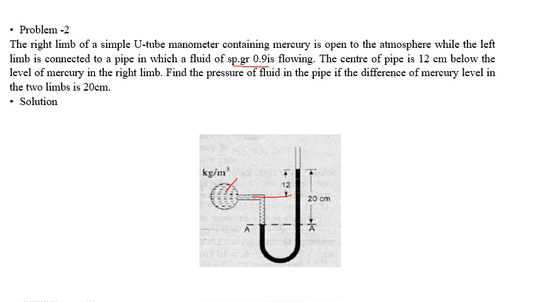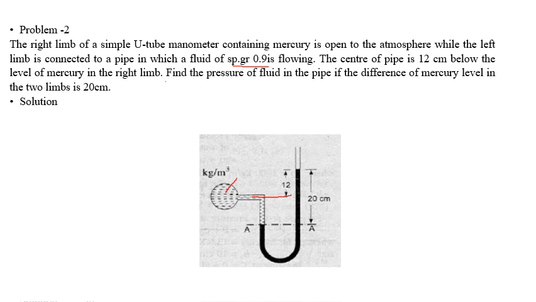Here we can observe there is a rise in liquid level in the right limb because of higher pressure in the pipe, and that distance is taken as, that means the axis of this pipe lies 12 centimeter below the mercury level in the right limb. Find the pressure of the fluid.